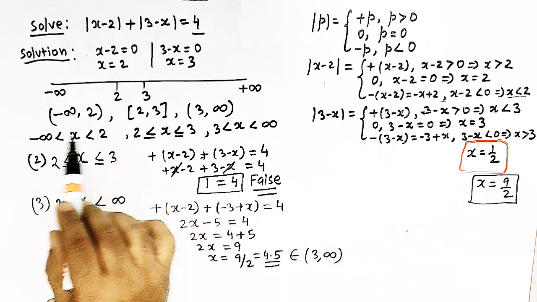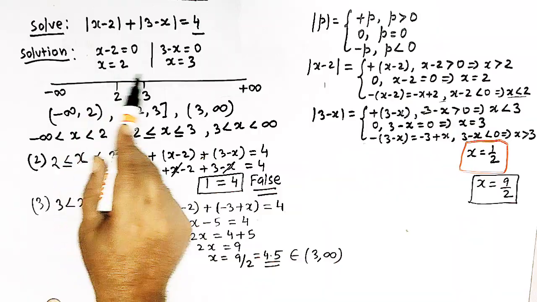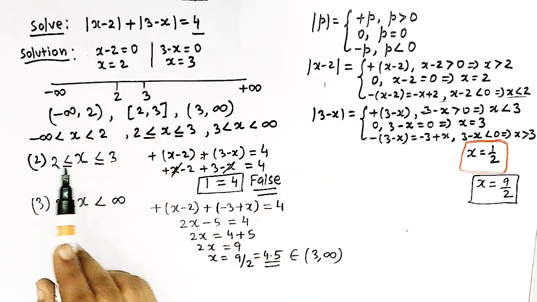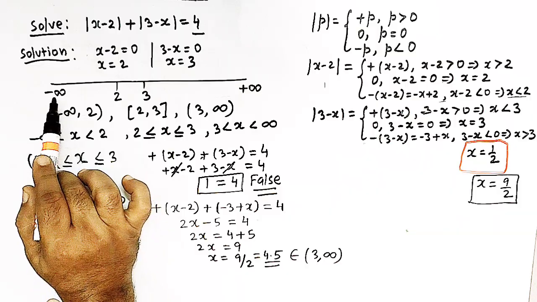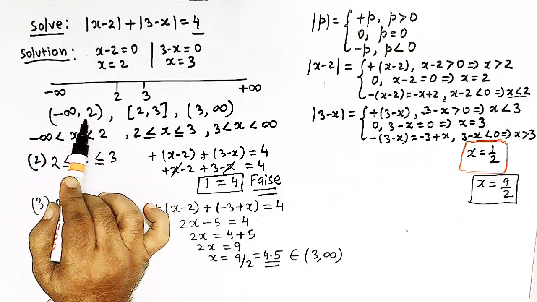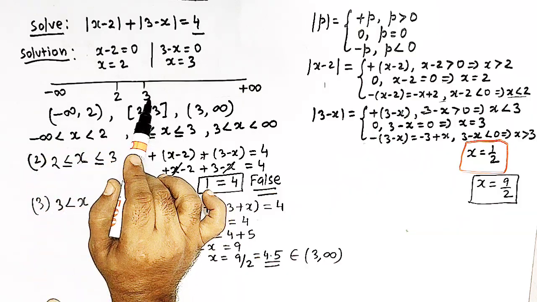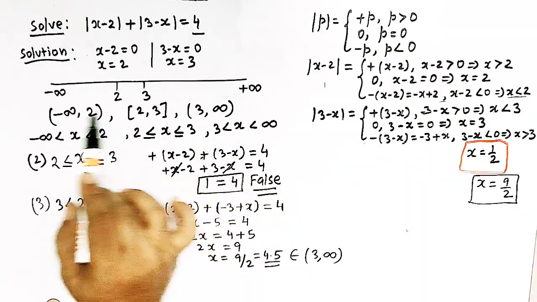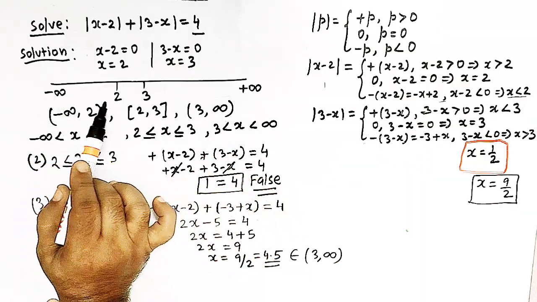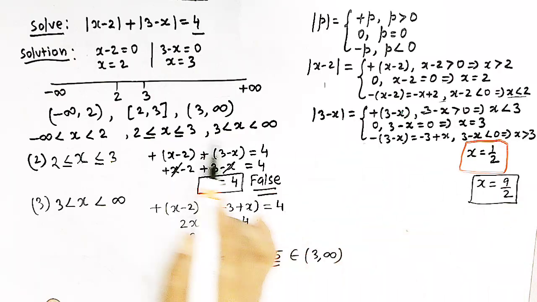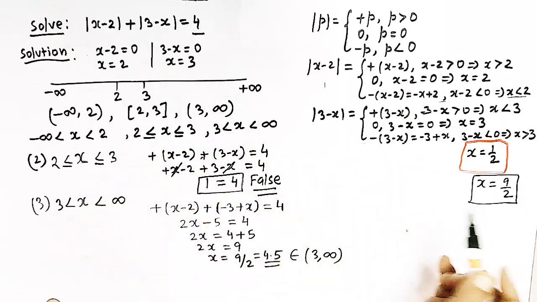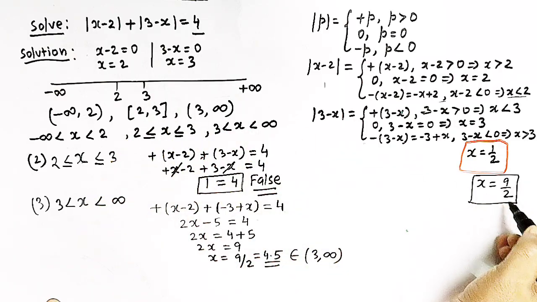So when we use the method of intervals like this, then we can see that the solution occurs in this interval, that is minus infinity to 2 and 3 to infinity. So when we take minus infinity to 2, we have the solution x is equal to half. When we take 3 to infinity, we have the solution 9 over 2.